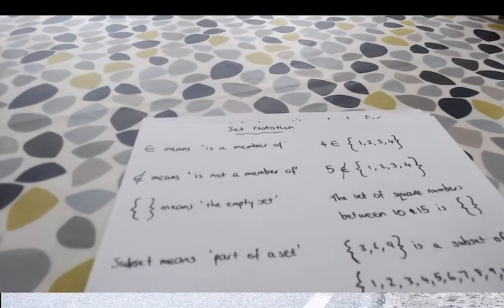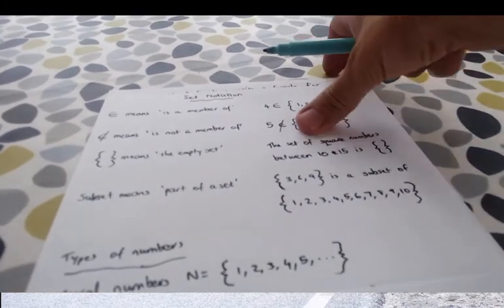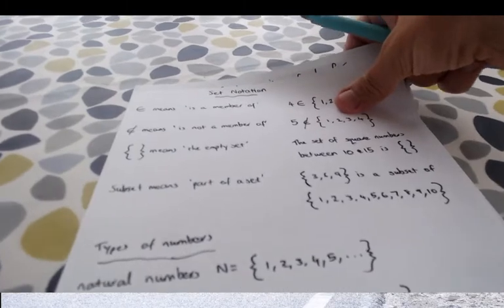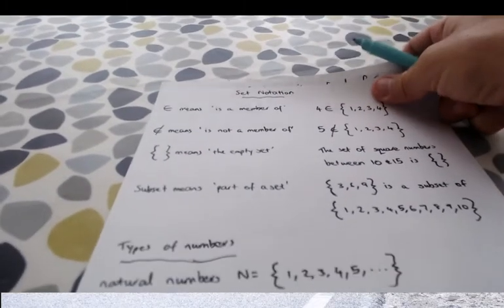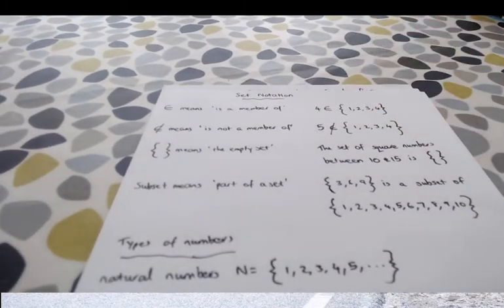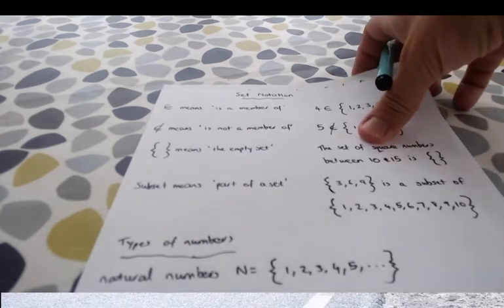The last time you really discussed types of numbers was way back in primary school when you talked about odds and evens. Different families of numbers. Here we go with other families of numbers. We have something called natural numbers. Natural numbers start with 1 and go 1, 2, 3, 4, 5 and they keep on going. Whole numbers.